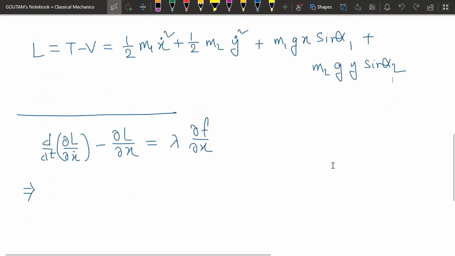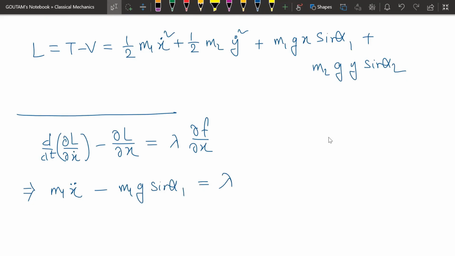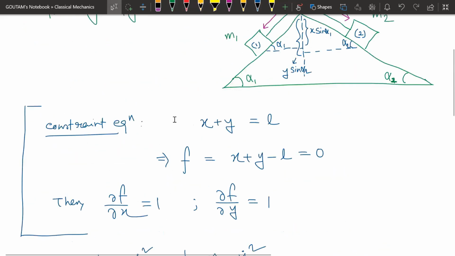So it is m1 x double dot minus del L del x. So del L del x is m1 g sine alpha 1. Okay, only x dependence comes in this term. So it is m1 x double dot minus m1 g sine alpha 1 equals lambda. Let's call it equation 1, because del f del x is 1. We already showed it.